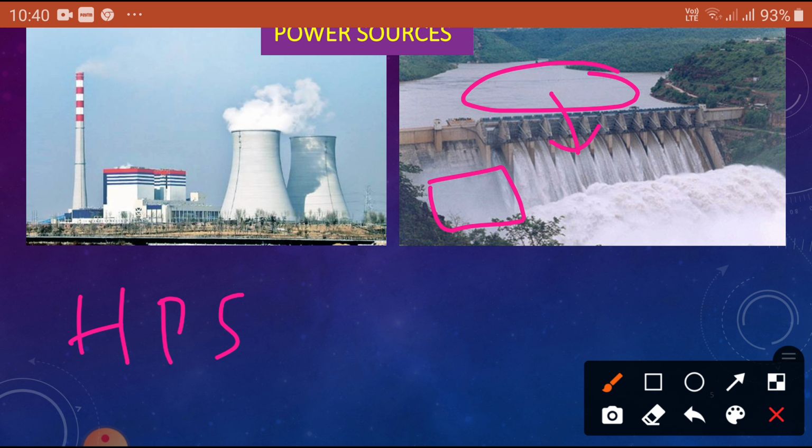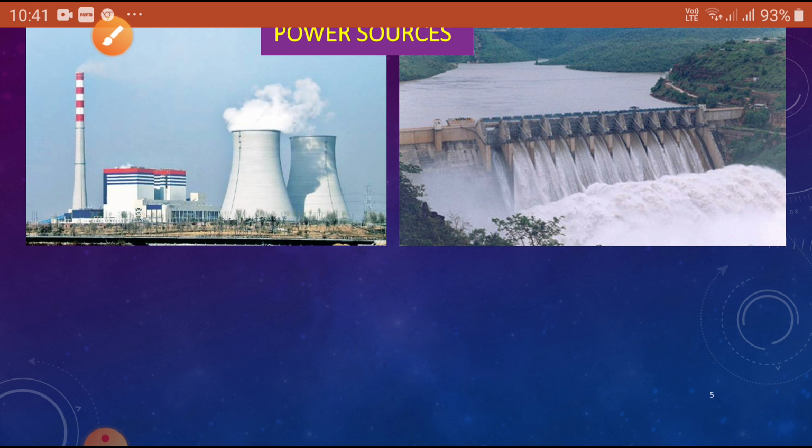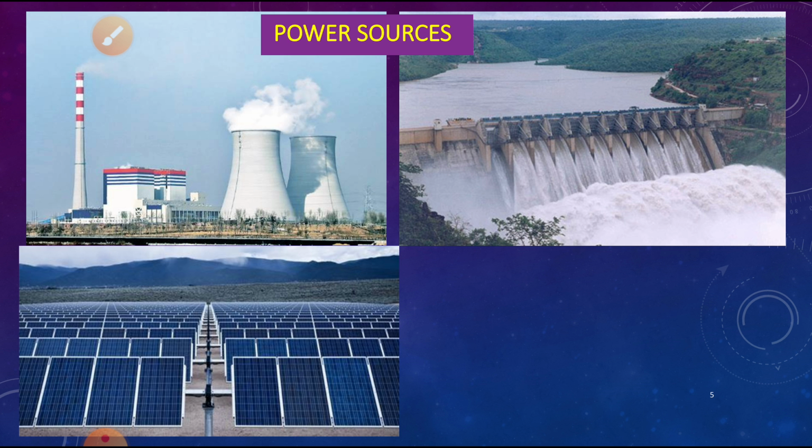This also generates bulk power for consumers, but it depends upon the season. In the rainy season it generates more electricity. Another source is solar photovoltaic cells.